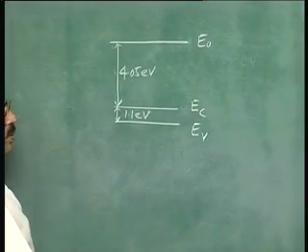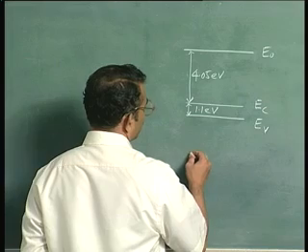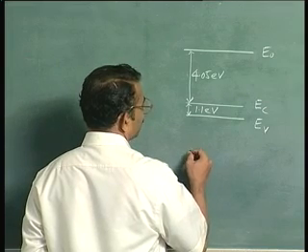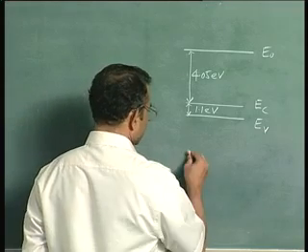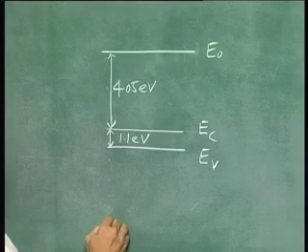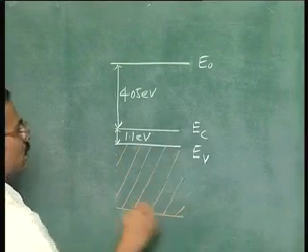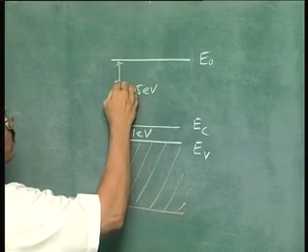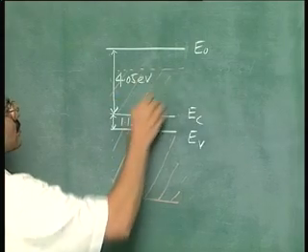And now if you try to show the bands, the valence band would be about 5 electron volts, something like that. So 5 times this, so your valence band would be this much. And similarly you will also have a wide conduction band, something like this.